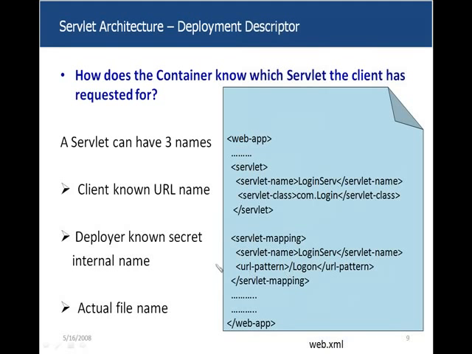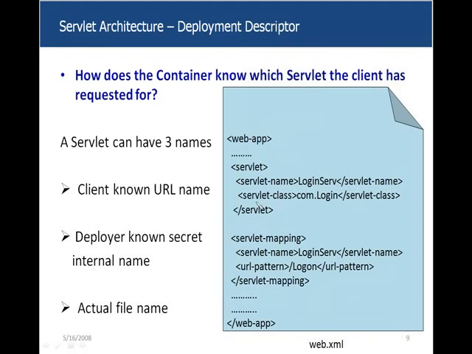Now it goes to the servlet elements. Apart from this one, there might be a number of servlet and servlet mapping elements for different servlets. So it checks all the servlet elements and matches this servlet name with the servlet name in the servlet element. It says, okay, I found a match.